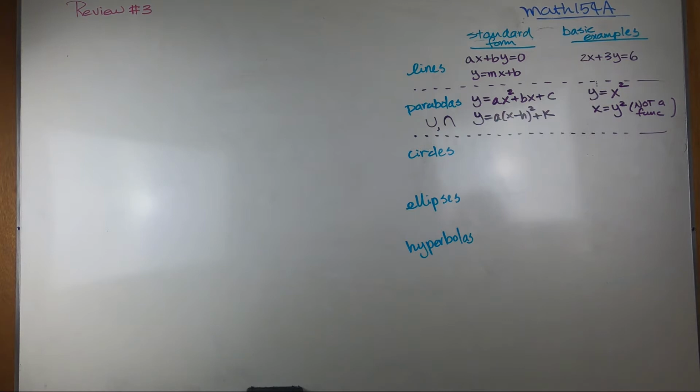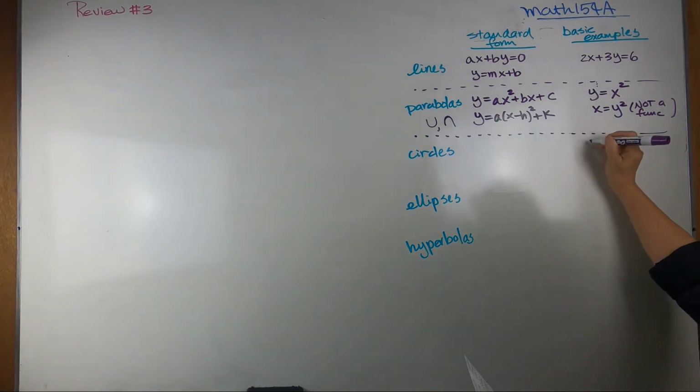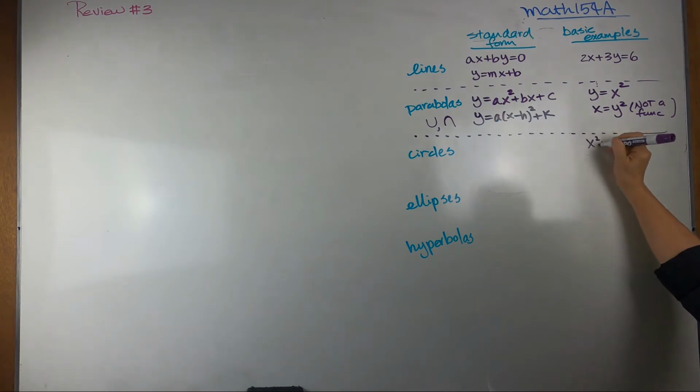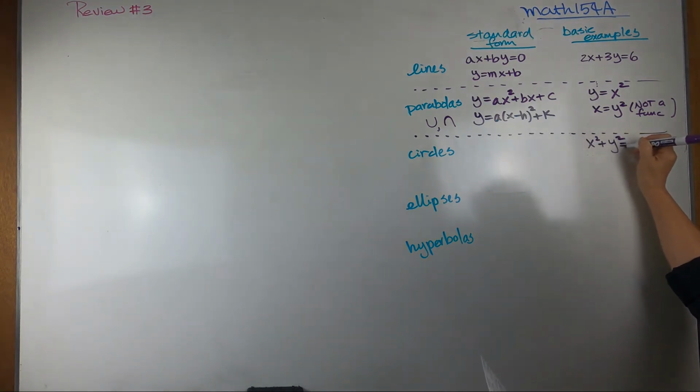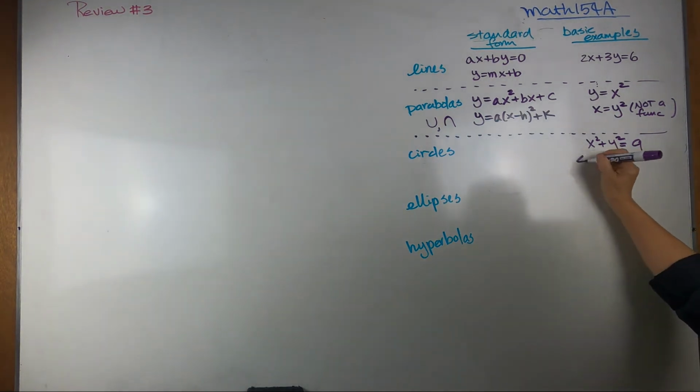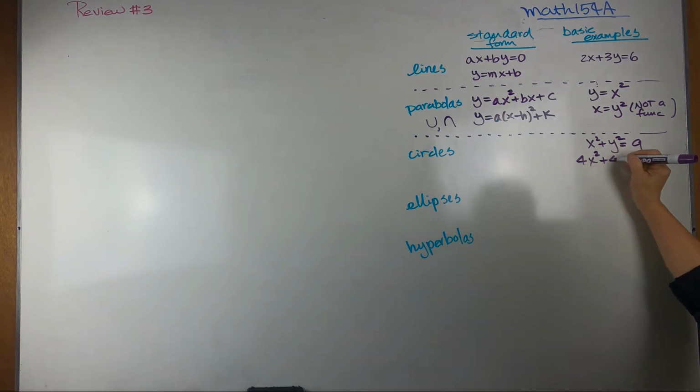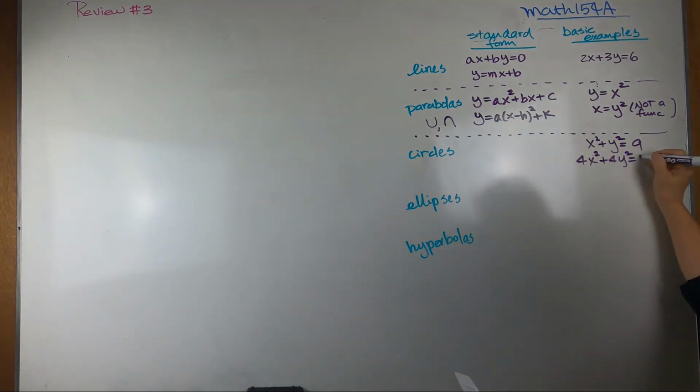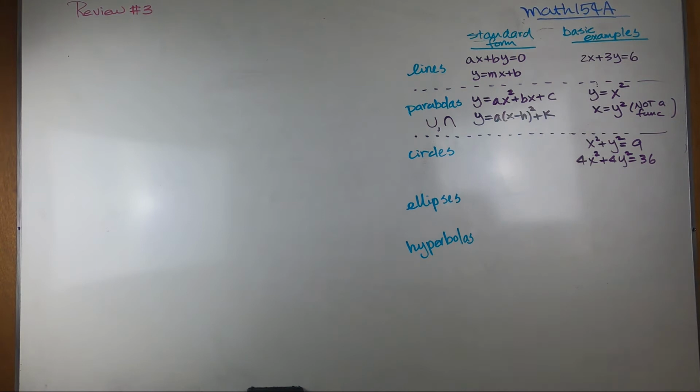Then for the circles, we have what? Like x squared plus y squared equals 9, r squared. Radius is 3, right? Or even you can write it 4x squared plus 4y squared equals 36. They are the same, right?